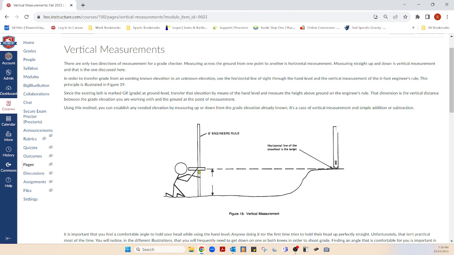Now, does he mark his crow's foot here? No. He's going to have to mark it here. So he's going to have to know this is 3.0 even to right here.